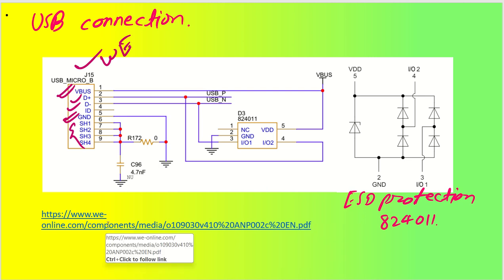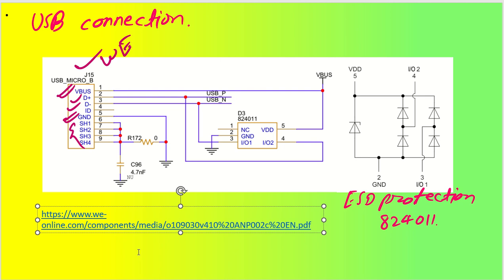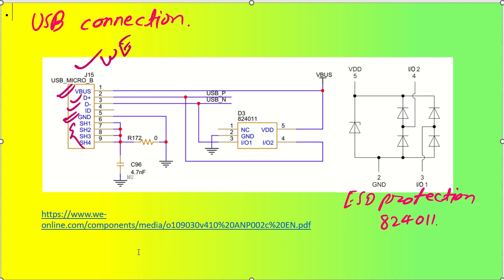So I have put here one link for an application note on ESD protection techniques, okay. What I have done is I have utilized one TVS diode, that is an ESD protection diode, which is 824011, okay. That is also taken from Wurth Electronics, and you can see this is actually like this in real.